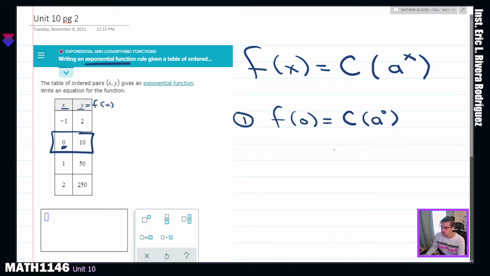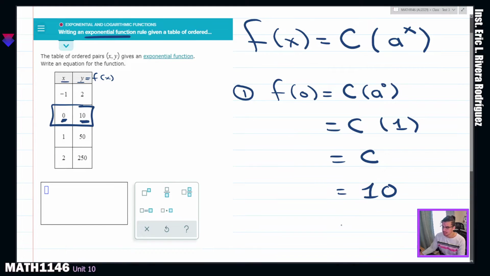By the law of exponents, a raised to the power of 0 is just 1. So c times 1 is just c, and the initial value of the function is 10. Since we use x equal to 0, it means that c is equal to 10.